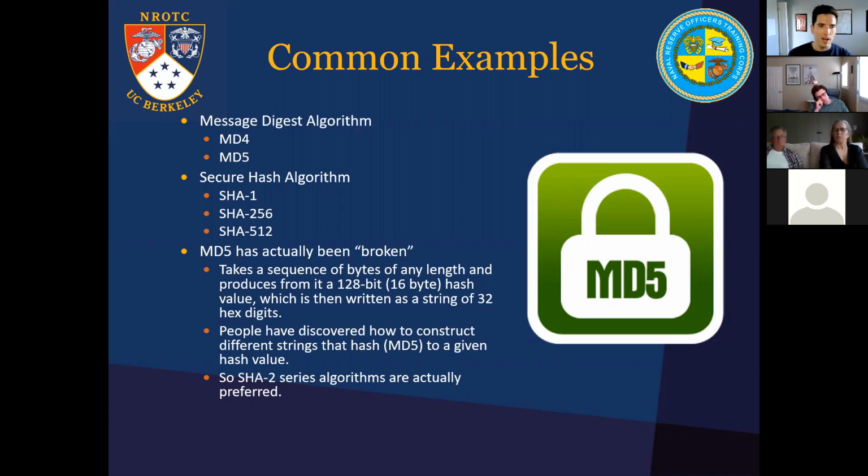So people have discovered a way to construct different messages that actually hash to the same value, or otherwise they have found a way to make collisions with MD5. They've actually found a way to make meaningful collisions too, where say I wire some money to Nathan, and I wire him $100, but then he changes my message so that it says $1,000, and then he changes a few other arbitrary things in the message, and then when we hash my original message and the one that he changed, they go to the same value.